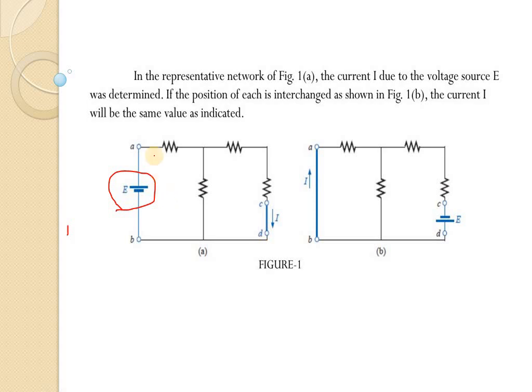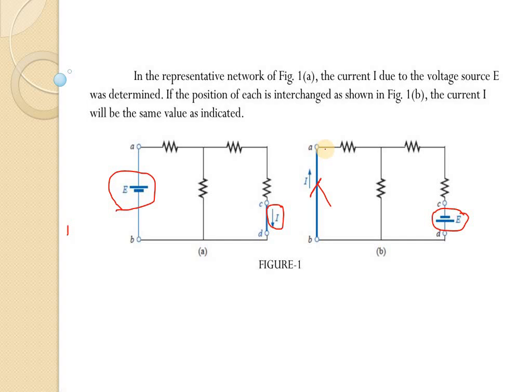Suppose the current through the CD branch is I. Now, if we reciprocate the voltage source into the CD branch, interchanging the position of the voltage source, then the same amount of current will flow through the AB branch. So the voltage source is now in CD and the current is now in AB; they just interchange their positions.